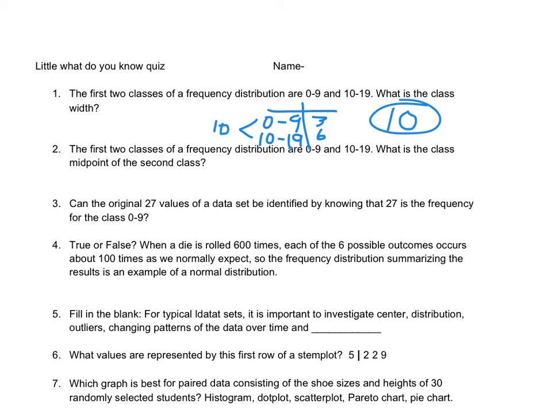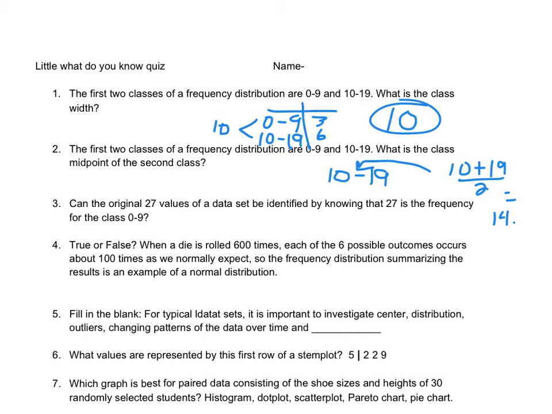Number two: the first two classes of a frequency distribution are 0 to 9 and 10 to 19 again. What is the class midpoint of the second class? Well, the second class is the greater numbers, so 10 to 19 is the second class, and we just want the midpoint of these two numbers, so we find the average essentially. 10 plus 19 divided by 2 is 29 divided by 2, which is 14.5.